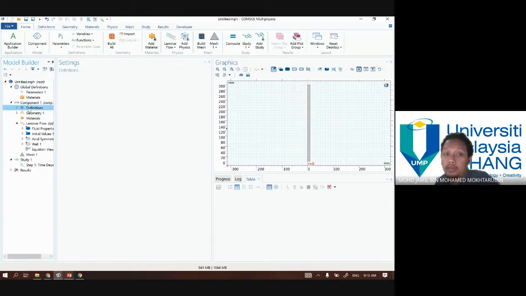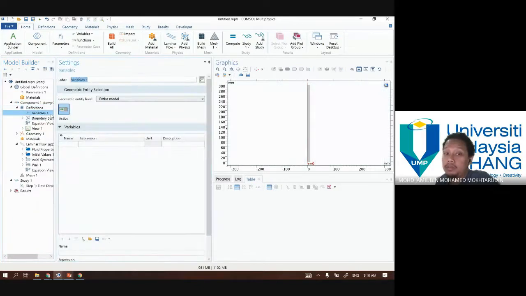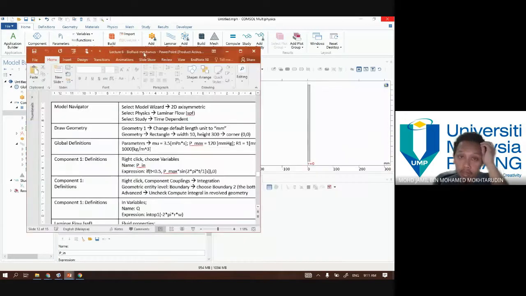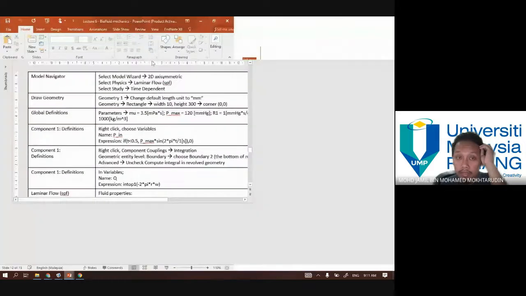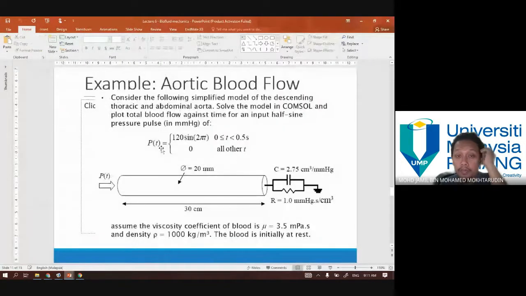inlet pressure. So we go to definition, right click variables, and we define the inlet. So we go back to the equation. P inlet equals 120 sine 2 pi t when time is 0 to 0.5 second, and P inlet equals 0 for the other time.